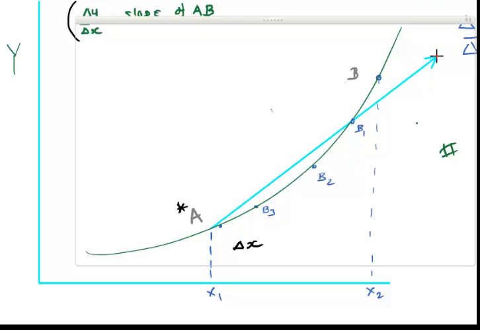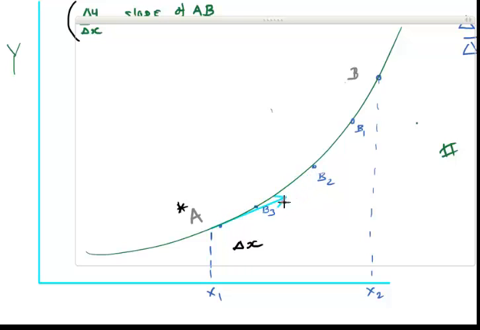You can quite clearly see the slope of this line changes, but it still cuts the curve at 2 points, at A and B1. Then the slope has changed and it cuts the curve at 2 points A and B2. When you move to B3, the slope has changed and it cuts the curve again at 2 points A and B3.